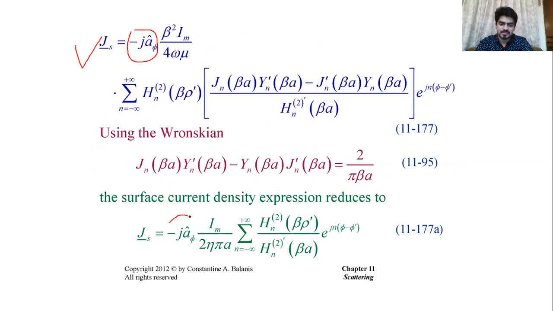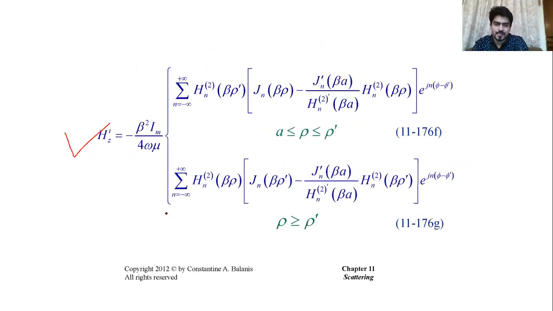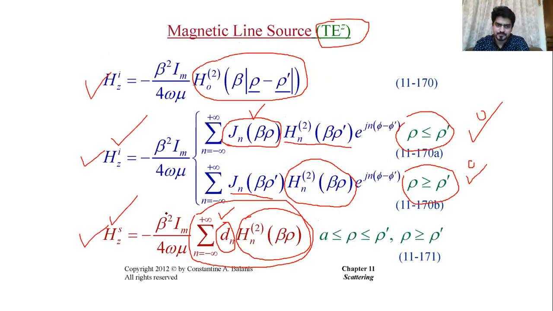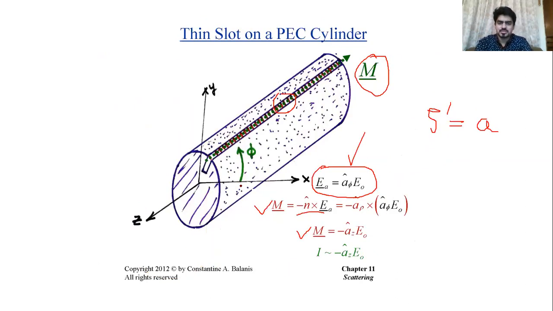If we go back to this geometry, this is your phi direction, which is basically coming out of the x-axis. So your Js is going to be in this circumferential direction, like this, in the phi direction. This is the induced current density when you have a magnetic line source in the vicinity of your cylinder.